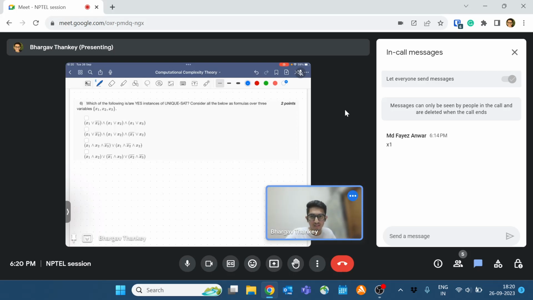And what about a formula which is satisfiable but has more than one satisfying assignment? We don't care about such formulas.